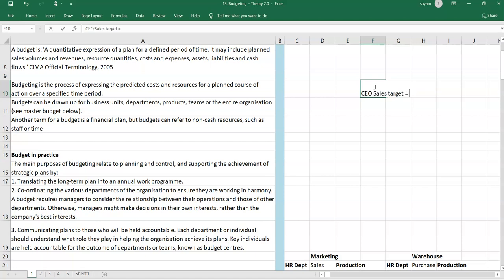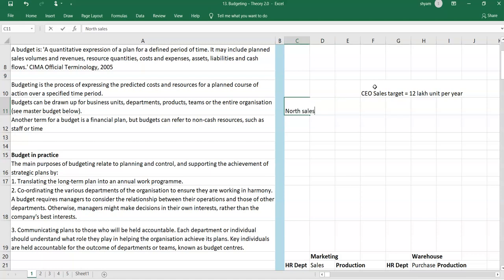So the CEO sales target is 12 lakh units per year. He is not going to achieve the sales of 12 lakh units himself. What he will do is appoint managers, sales managers, and divide them into divisions.